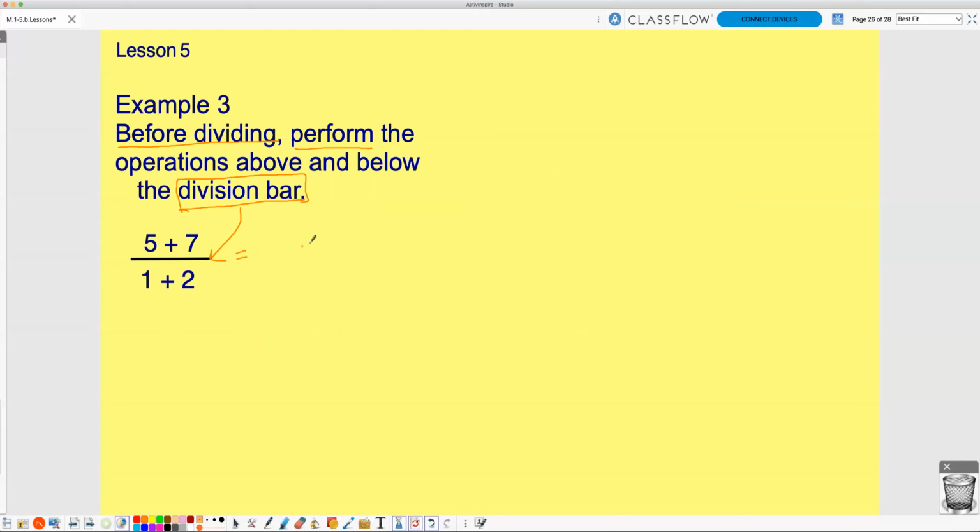So that means we're going to do the above, which ends up being 12. 5 plus 7 equals 12. And 1 plus 2 equals 3. So that's what we're going to do above and below. So now we have, what's this? This is the same as 12 divided by 3, which is 4.